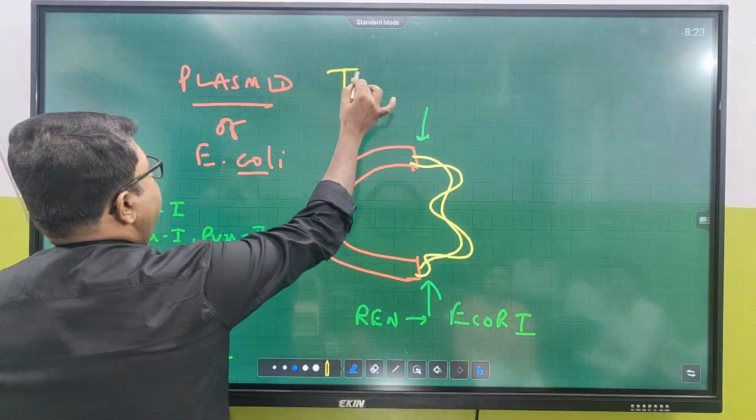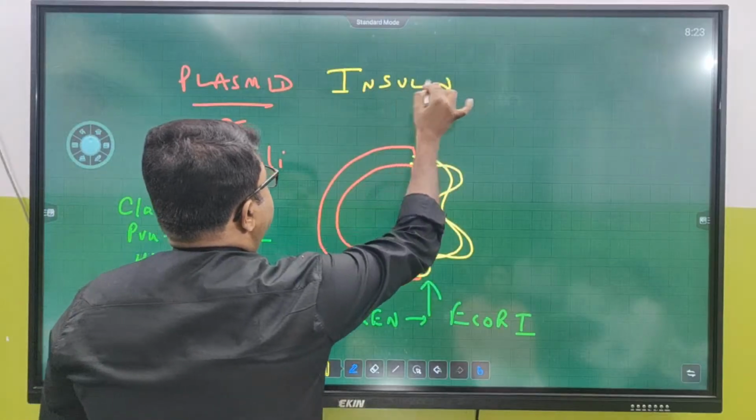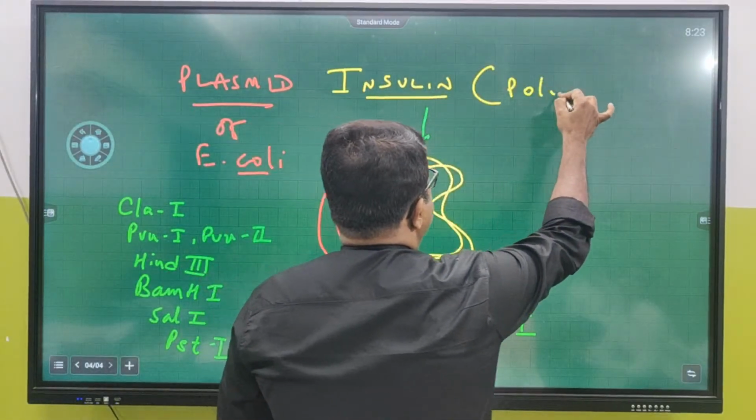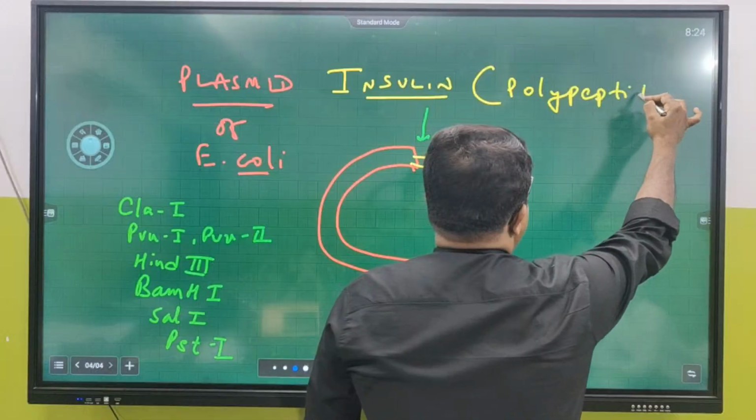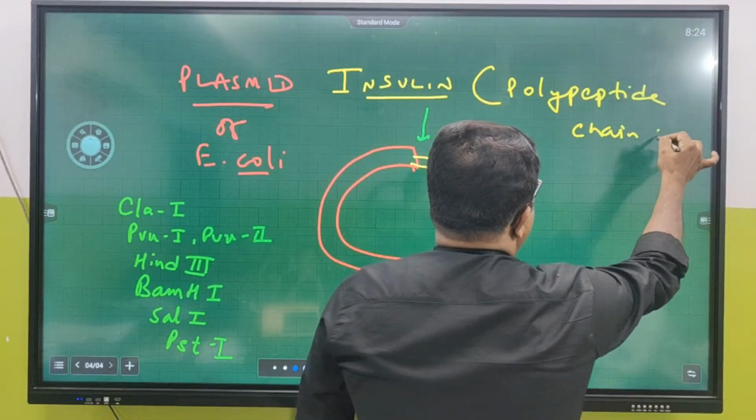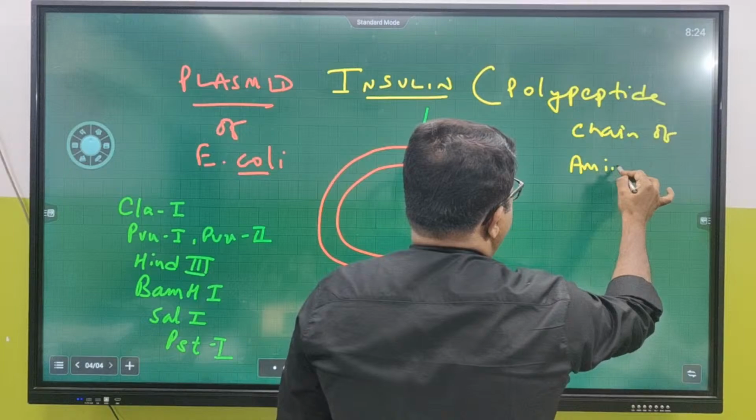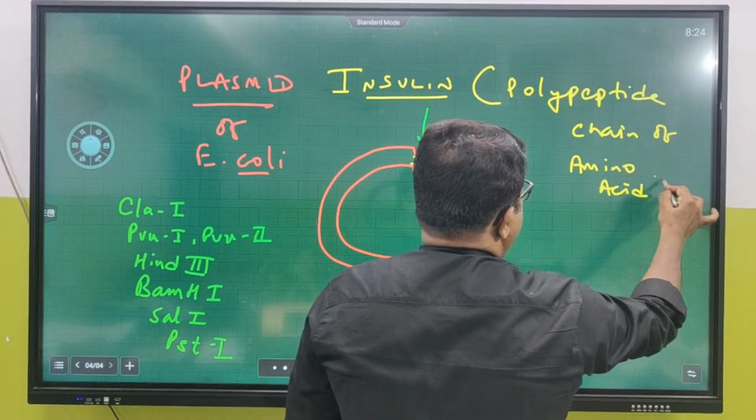What is insulin? It's a protein, a polypeptide chain of amino acids. But how many polypeptide chains are there?